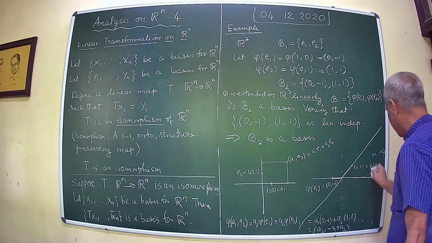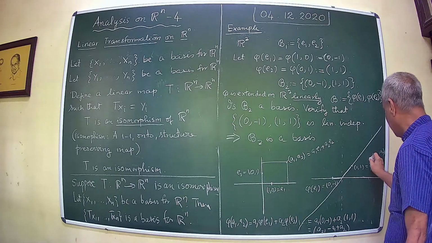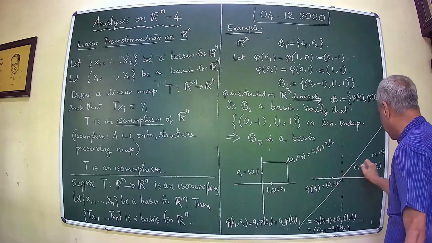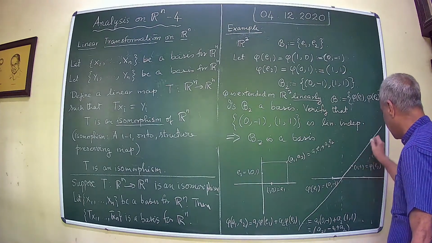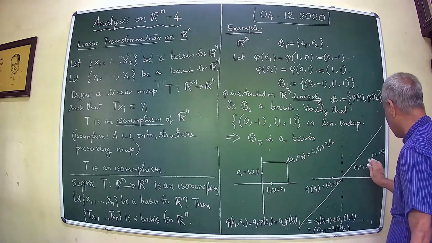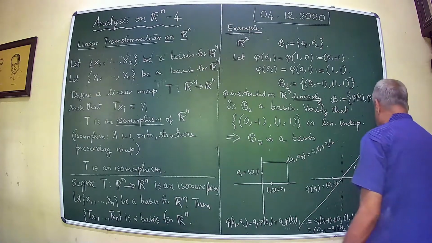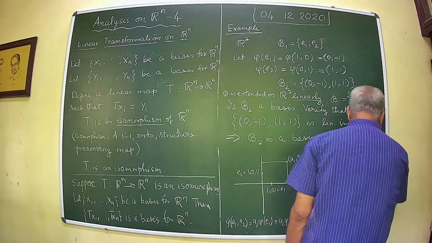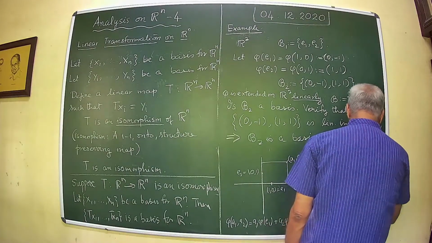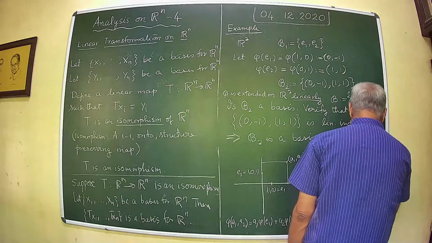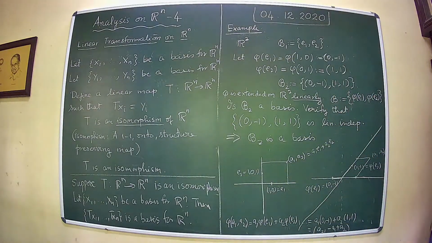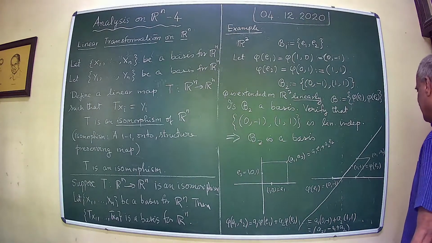According to the new coordinate system, this vector is to be obtained as a scalar multiple of this plus a scalar multiple of this. So what one obtains is you complete the parallelogram into this point, and these lengths you have to complete.